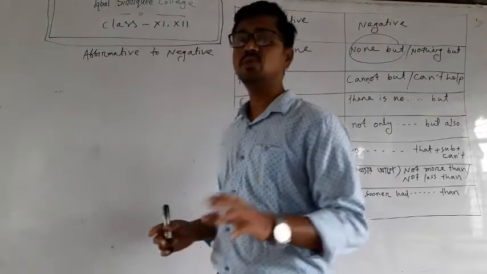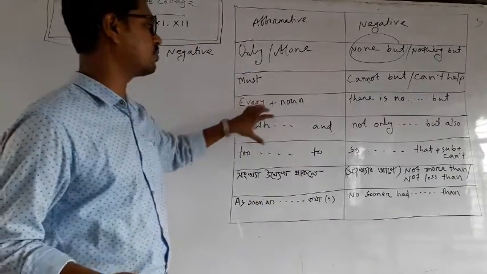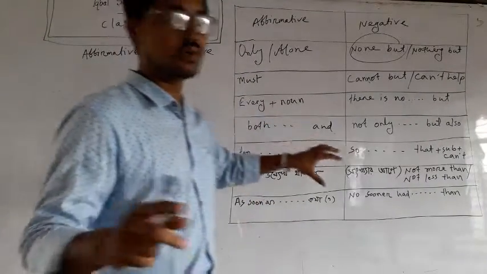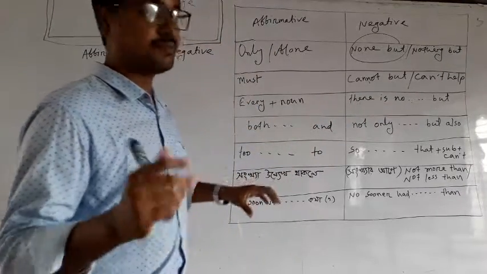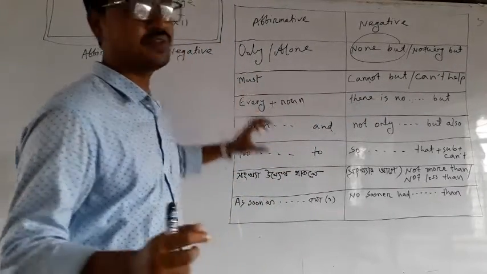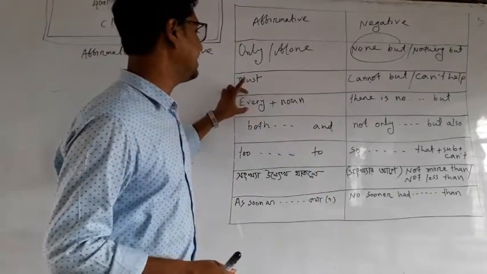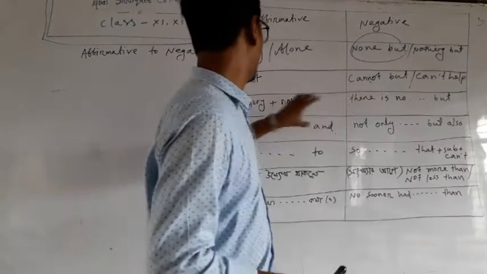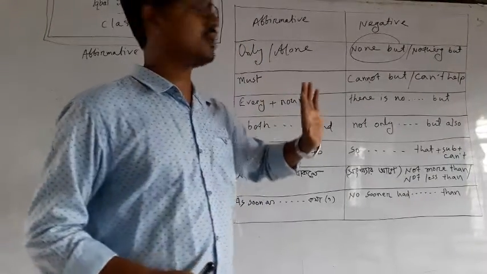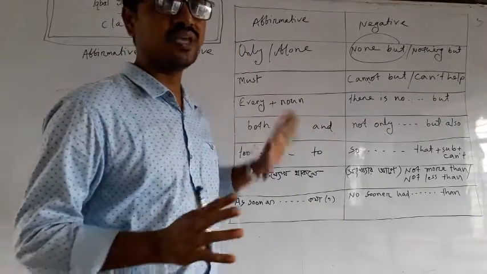If you see a noun with every, you will use there is no in lieu of every. I repeat. When you are making a transformation from affirmative to negative, you will replace every with there is no.